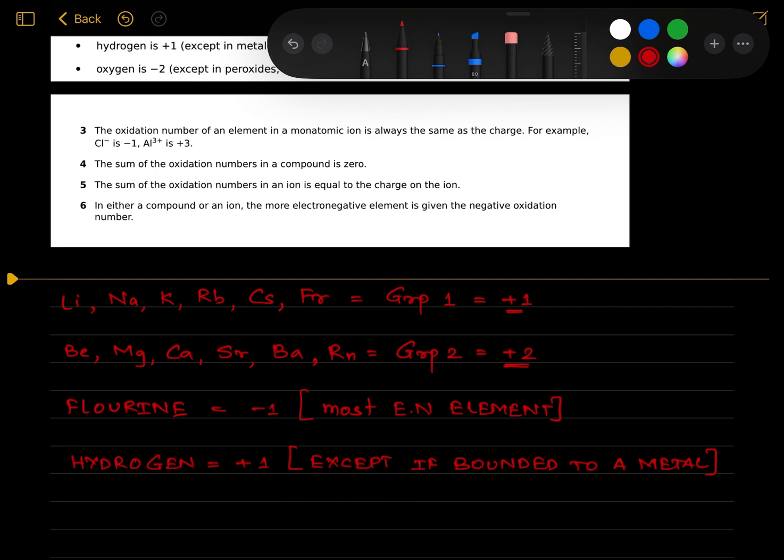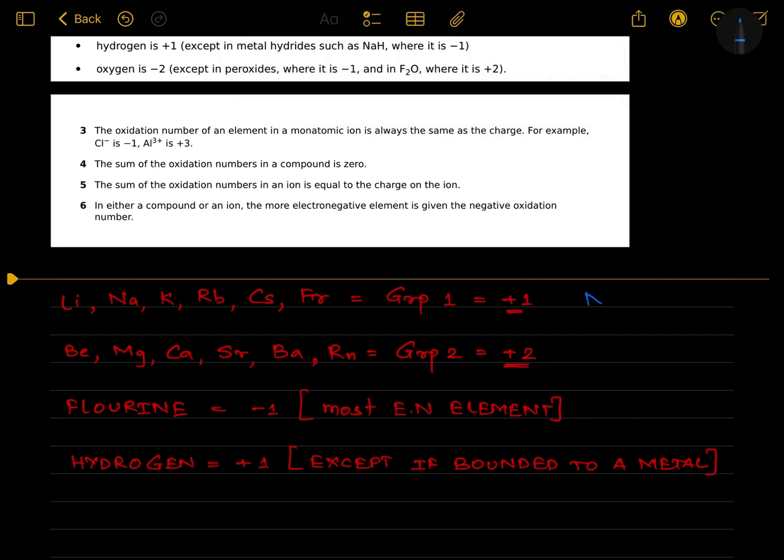Let's take an example. If I say that I have a compound NaH, that is sodium hydride. In this case, sodium being a strong metal would always have the oxidation state of +1, and so hydrogen needs to have equal and opposite. Why equal and opposite?